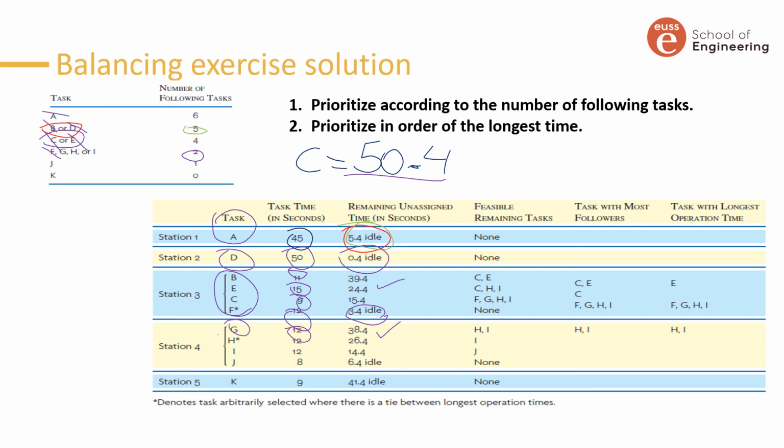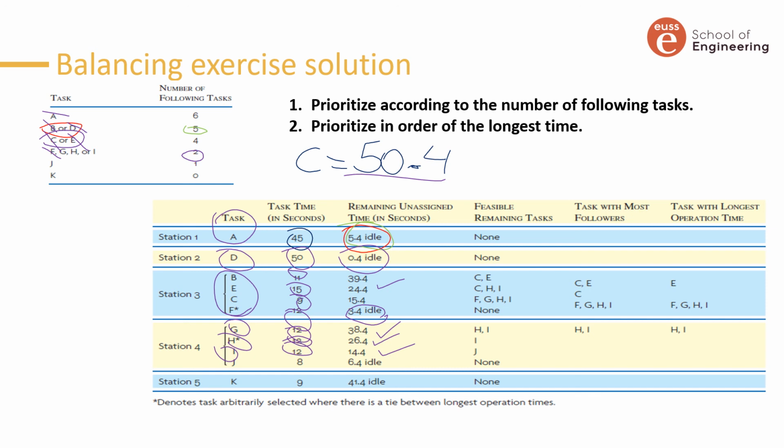I still can assign H, the next one, because it's 12 seconds, with the same reason. Here I assign 36 seconds and it remains for me 14.4 seconds available.